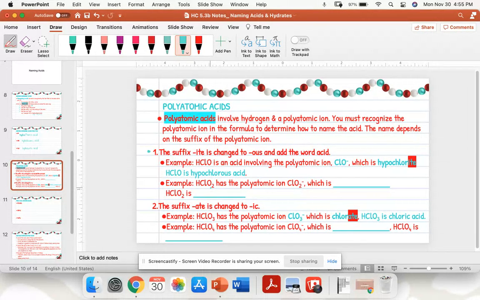So HClO2 is a polyatomic ion of ClO2 minus, which is chlorite. So HClO2 is chlorous acid.